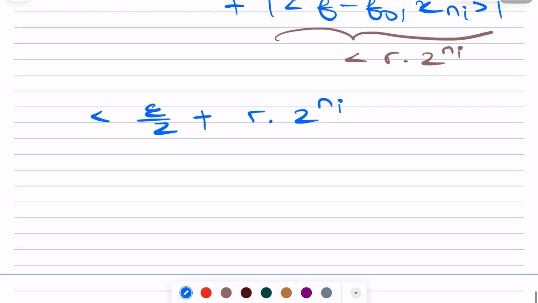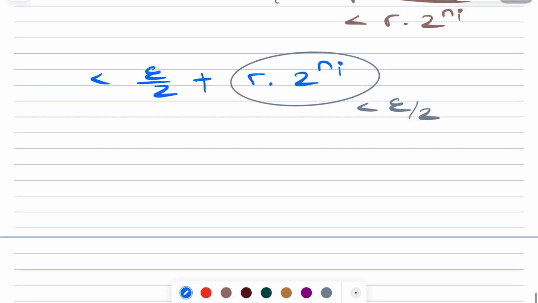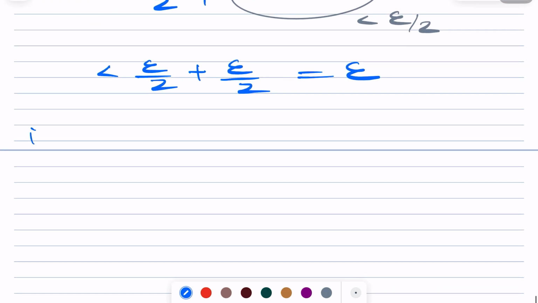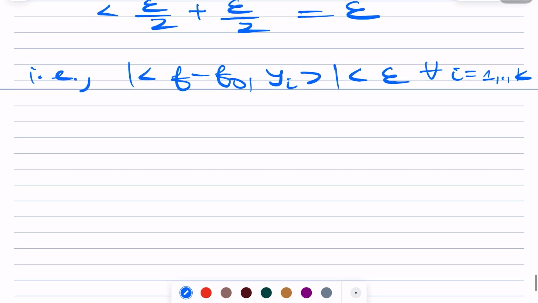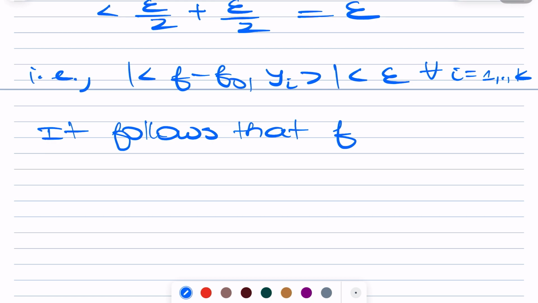So now you see that if you choose this in such a way that this is less than epsilon over 2, then you get that this is less than epsilon over 2 plus epsilon over 2, which is epsilon. So this means that the absolute value of (f minus f0) at yi is less than epsilon for every i moving from 1 up to k. And this is exactly the definition of f being in V. So it follows that f is an element of V.